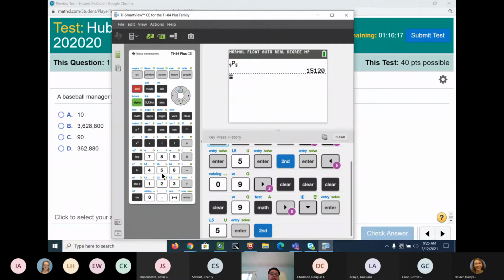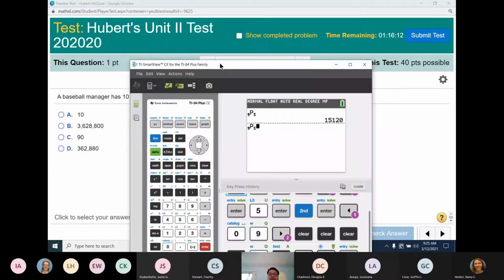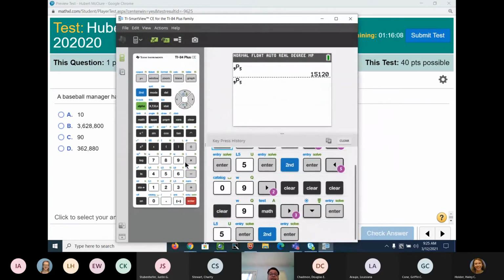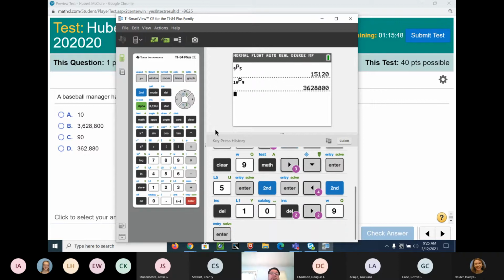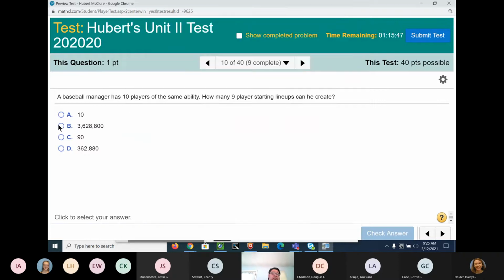So second entry, and let's go with 10 permutation of 9. Second, insert 10, permutation of 9. 3,628,800.